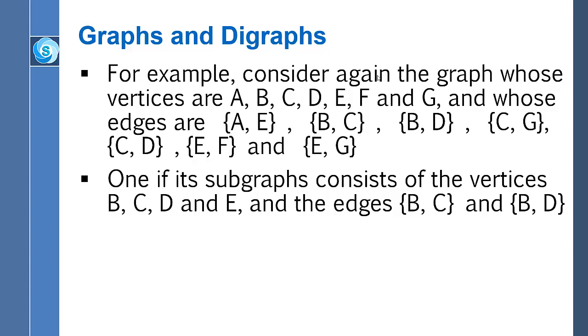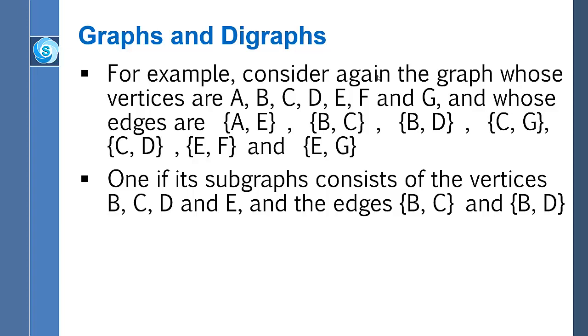So the subgraph has 4 vertices in it and only 2 edges in it, and clearly the subgraph is not connected. The subgraph has vertices B, C, D, E, but there is no edge in the subgraph that can get you from B to E. But nevertheless, that's a perfectly valid subgraph. It doesn't have to be connected.